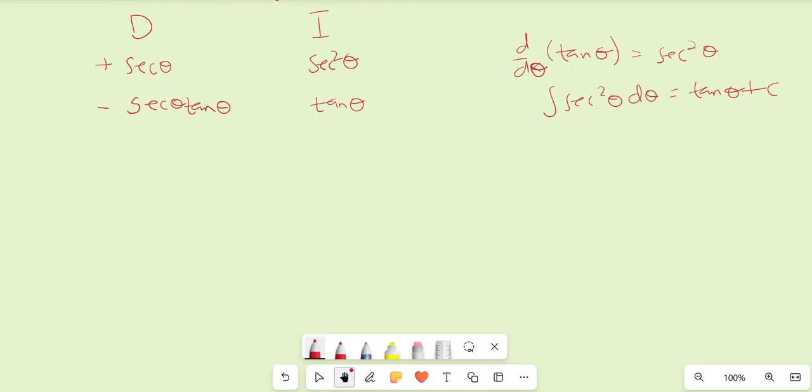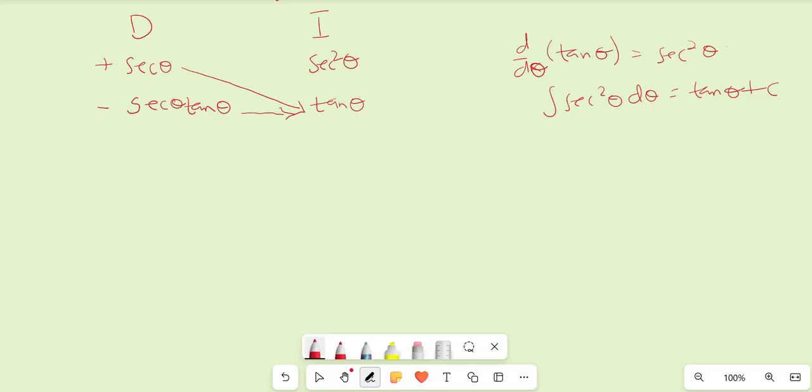So that is how we know that the integral of secant squared theta is tan theta. So we multiply the diagonal terms. When we multiply the diagonal terms, we don't need to take the integral. But when we multiply terms horizontally, we have to take the integral. That is how integration by parts works. This is the shortcut called the DI method.